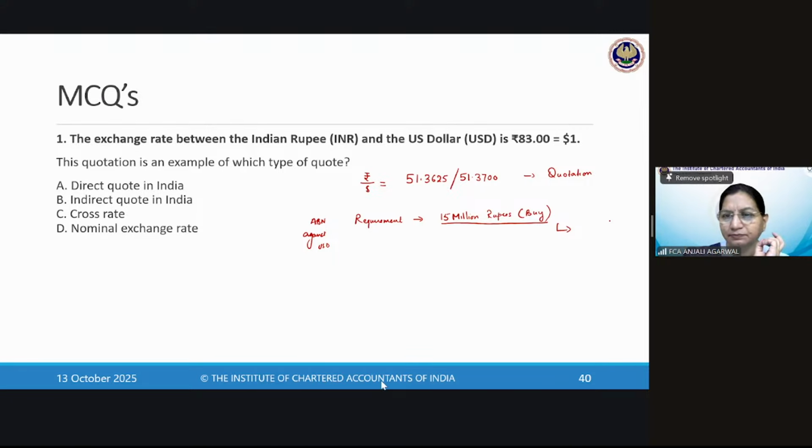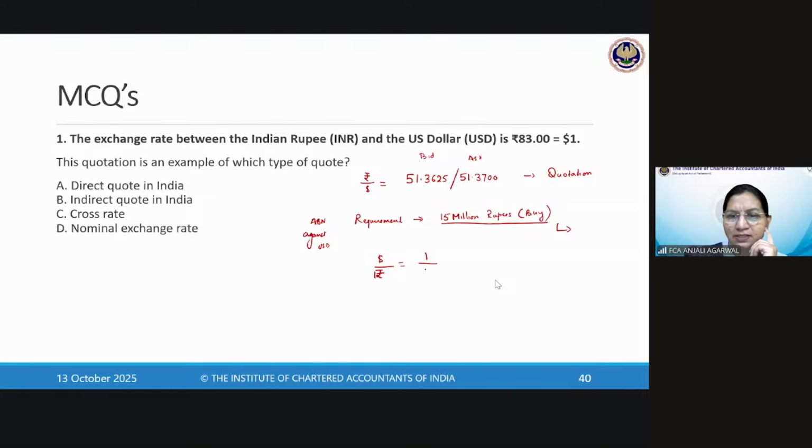Now, do we have a rate for 1 rupee equivalent to how many dollars? No, ma'am. So we need to construct it. We had rupee in the numerator, dollar in the denominator. Now we want dollar in the numerator, rupee in the denominator, exactly opposite, the inverse of it. And how do we do the bid and ask opposite?